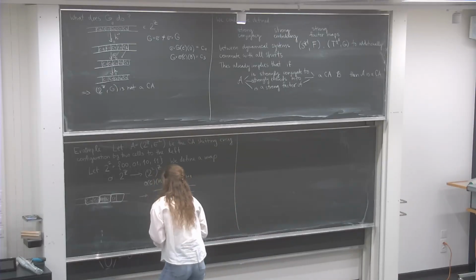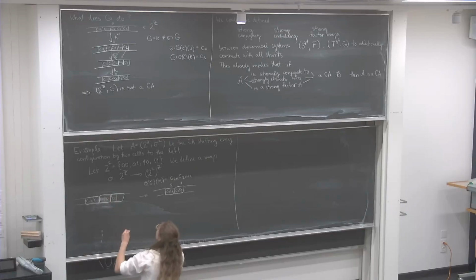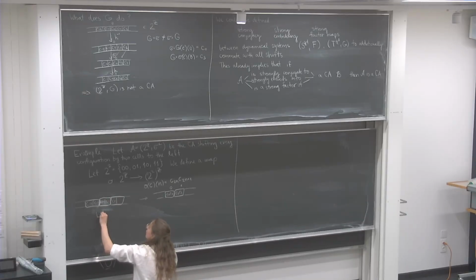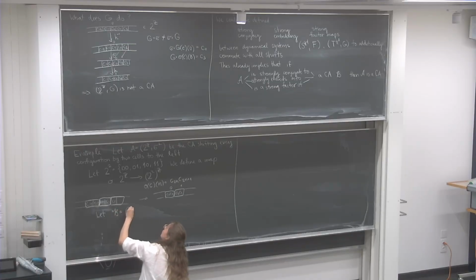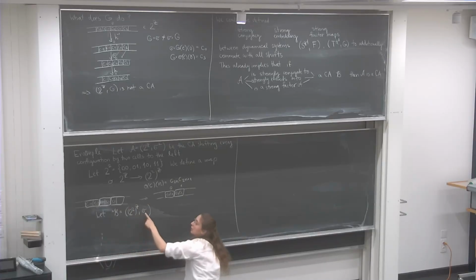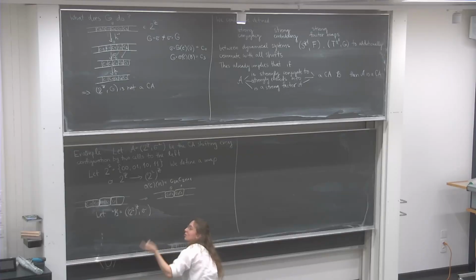So what we can do now is let B just be a CA on this richer state space. So there will be now some abuse of notation. Now this shift is the shift on this richer state space, which shifts everything by 1 cell to the left.